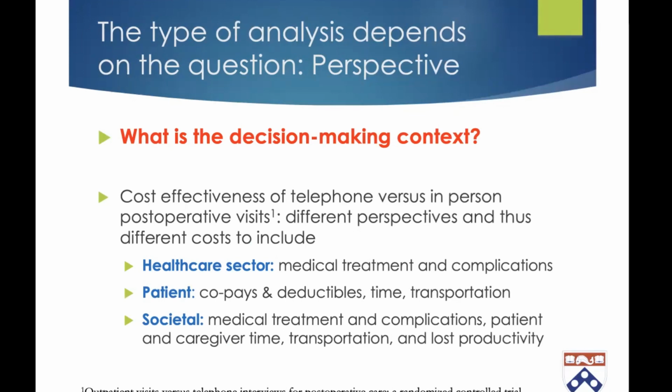It includes all the direct healthcare sector costs, plus patient and caregiver time, both paid and unpaid, transportation, lost productivity. So all three of those were presented in the paper to help in terms of adoption. The healthcare sector and the patient perspectives were key. They were stakeholders in whether they wanted to adopt this new intervention.